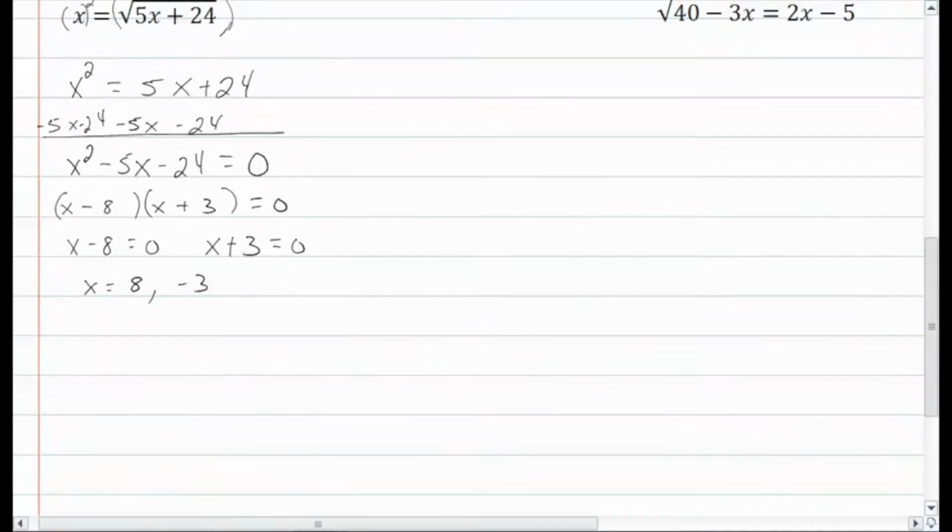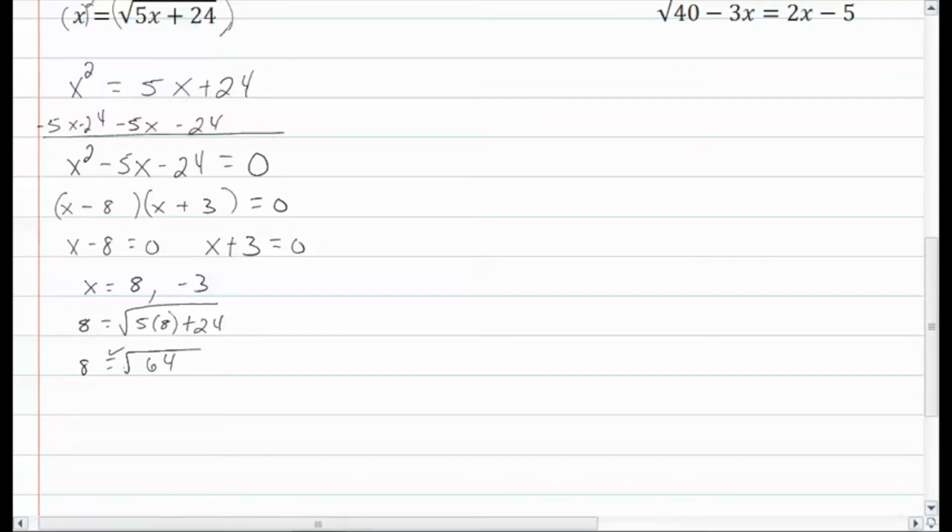So when we put those back into the original equation, let's try our 8 first. We would have 8 equal to the square root of 5 times 8 plus 24. This will give us 8 equal to the square root of 64, and the square root of 64 is 8, so that checks.